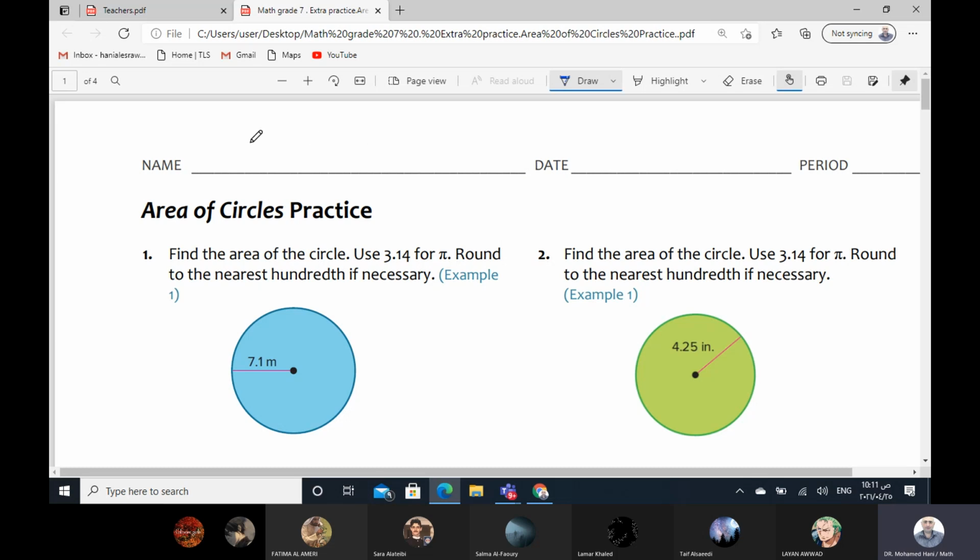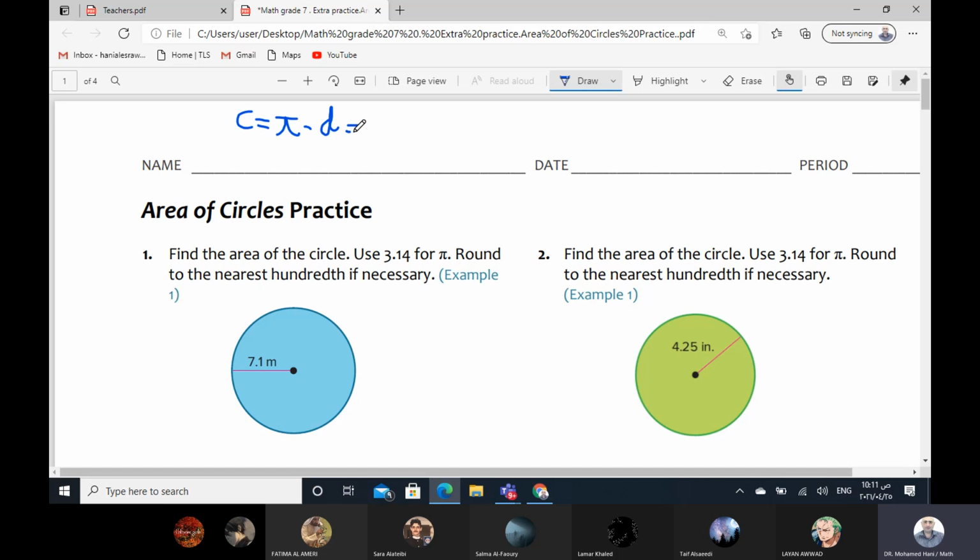As you remember, when we want to find the circumference of the circle, we have two formulas. The first formula we can use is pi times d. As you remember, the value of pi is about 3.14 and d means the diameter of the circle.